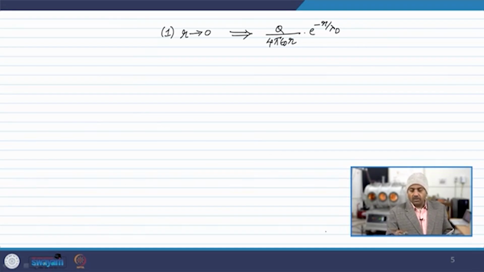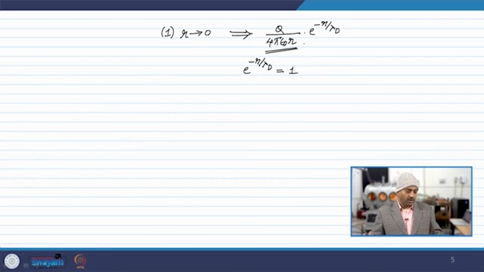Obviously, when r tends to 0, we can expect that e to the power of minus r by lambda d will simply become 1. You substitute r equal to 0 and you will realize that this exponential part becomes 1, which means that this part becomes irrelevant.